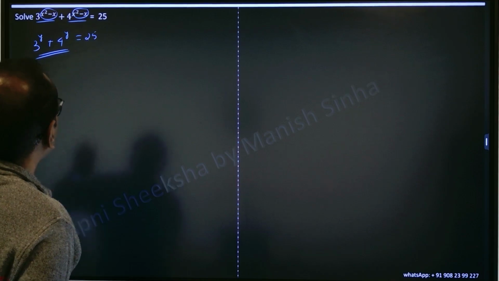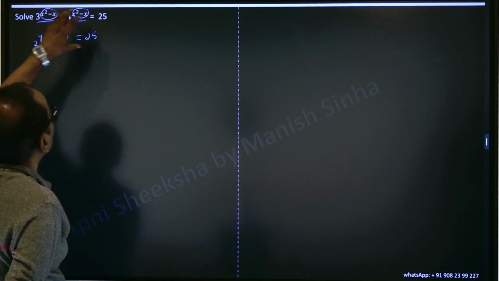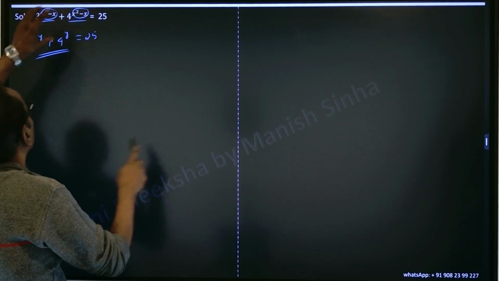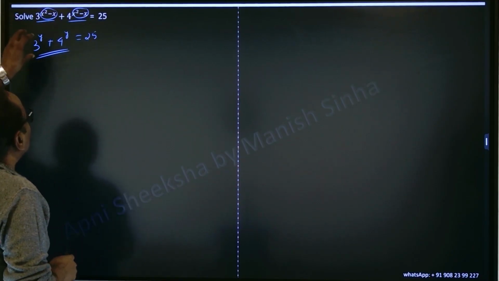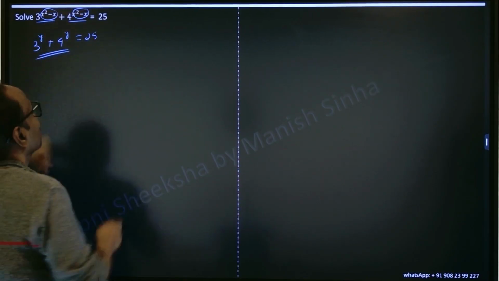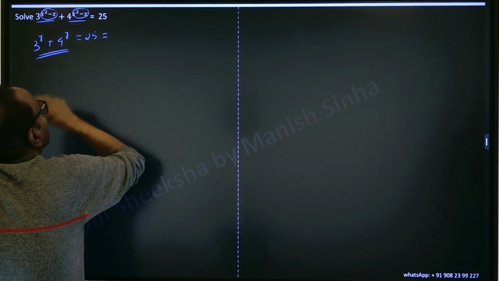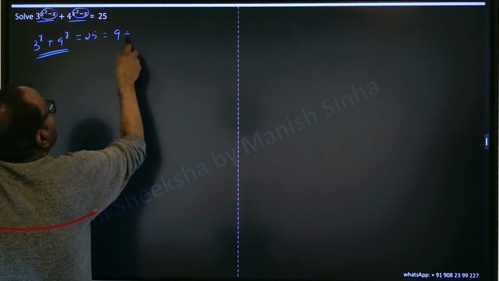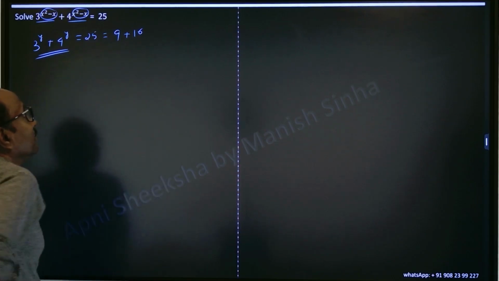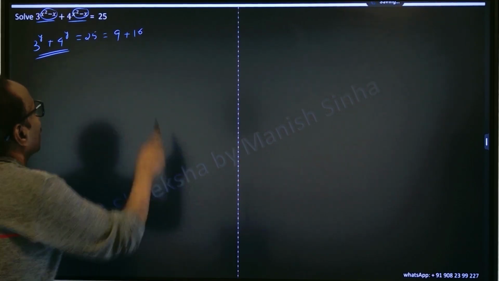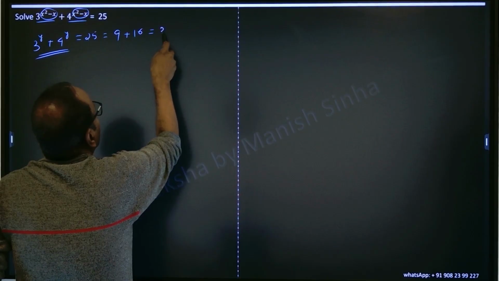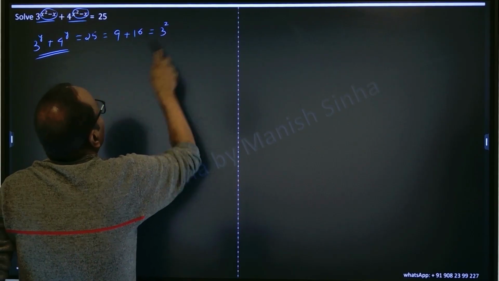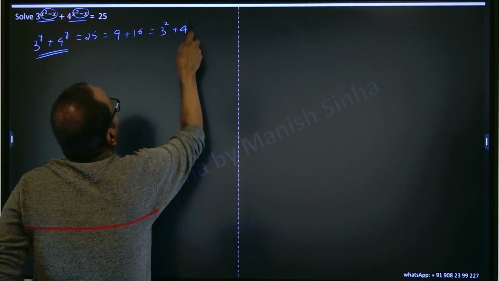So you should understand from here that if the right side we convert in the form of 3 plus 4 and power something, so what will happen? For that 9 plus 16 you can write for 25. Three to the power 2 plus 4 to the power 2.